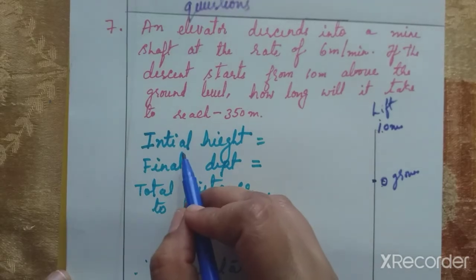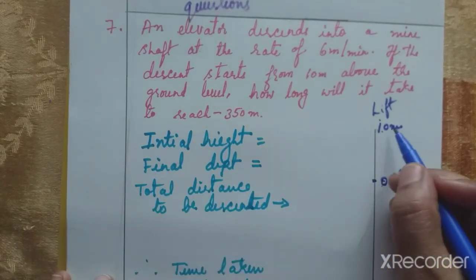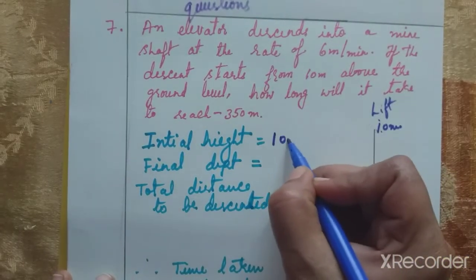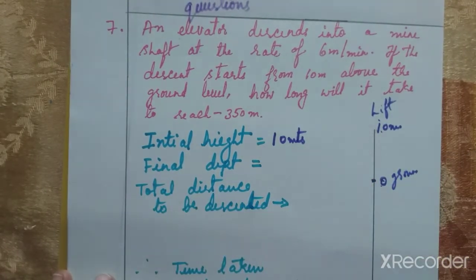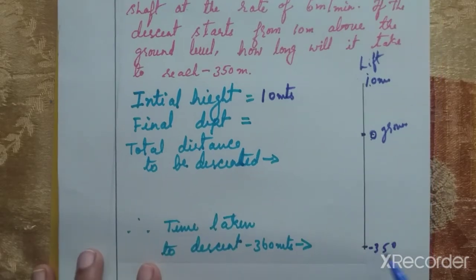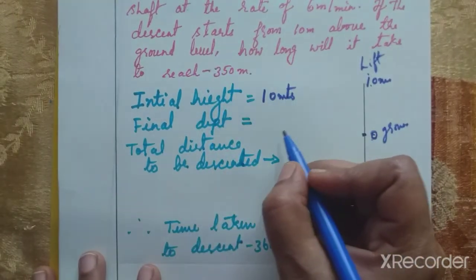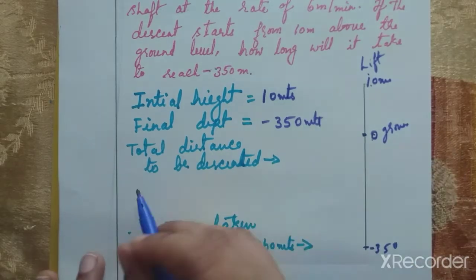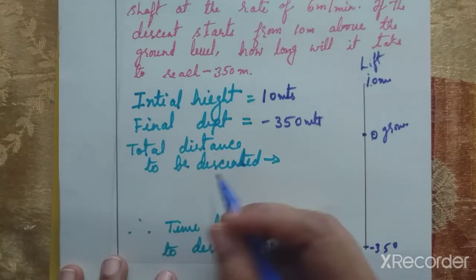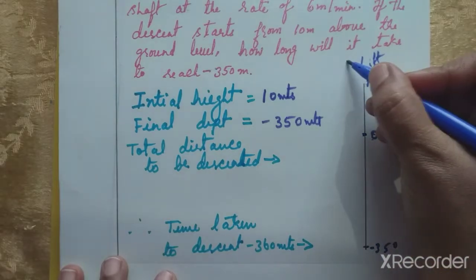So here the statement is: the initial height is 10 meters. The final depth, where we have to reach, is minus 350 meters. So the total distance to be descended. Descended means we are coming down from the top floor.